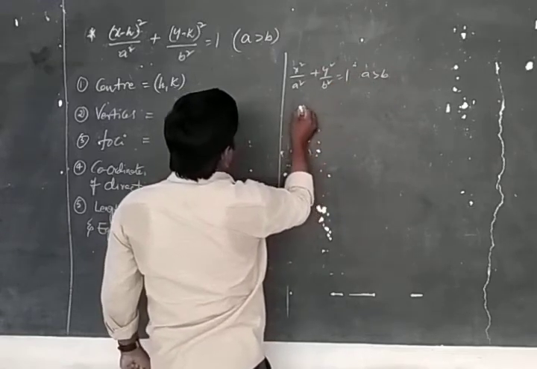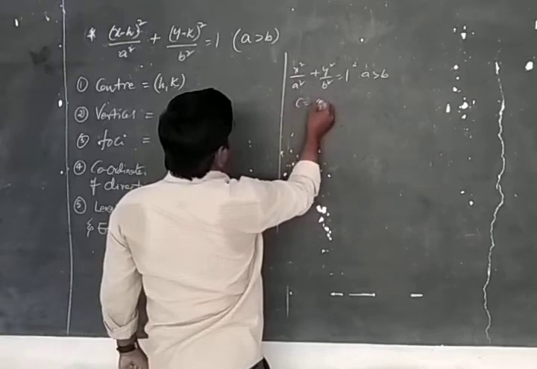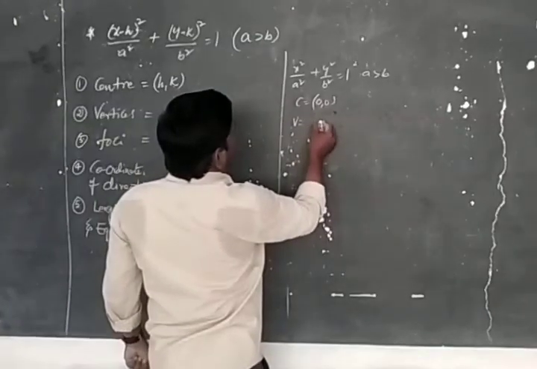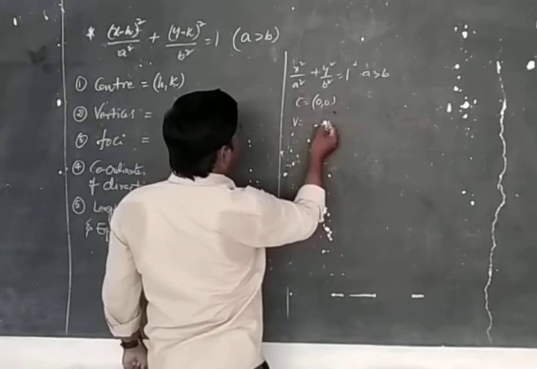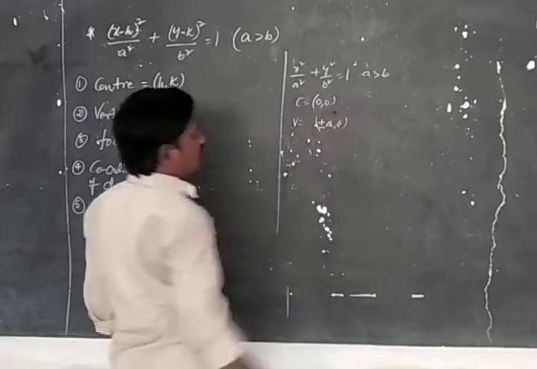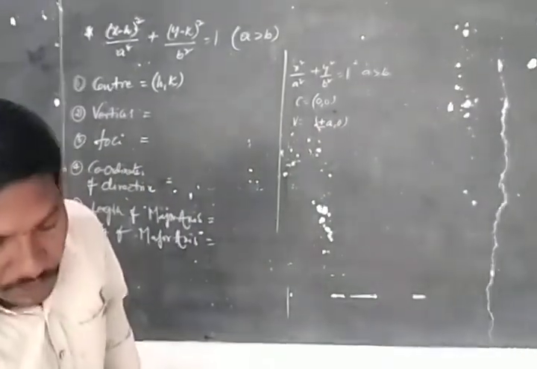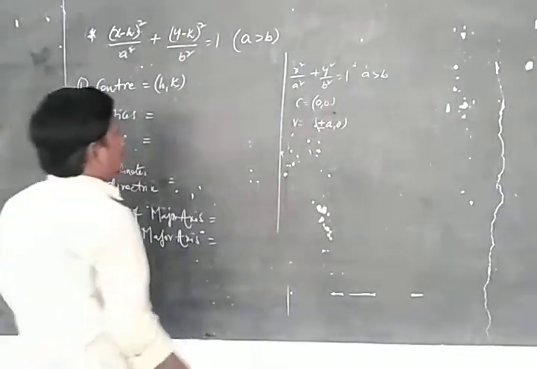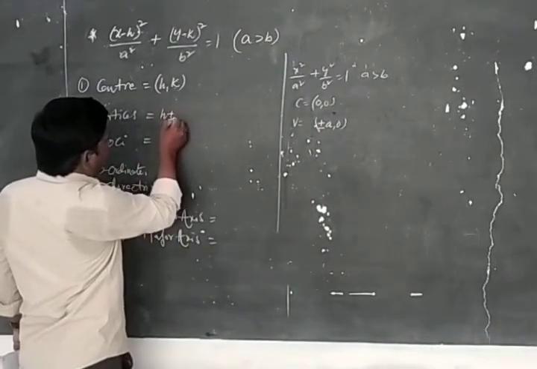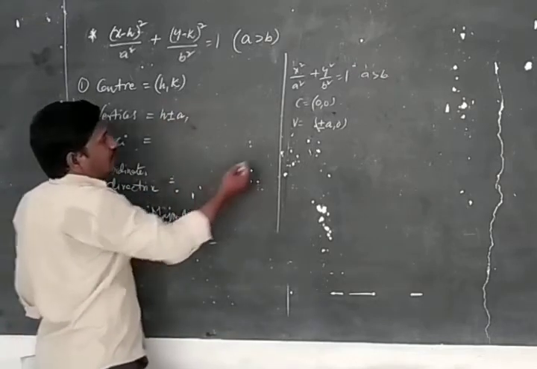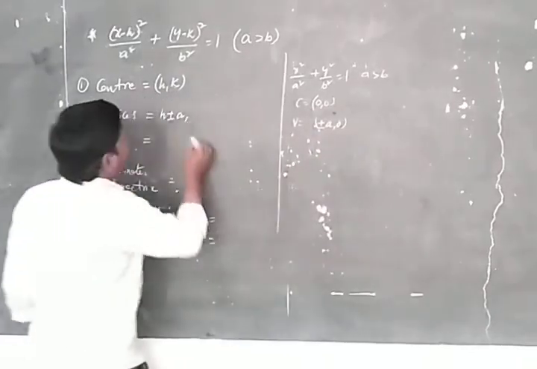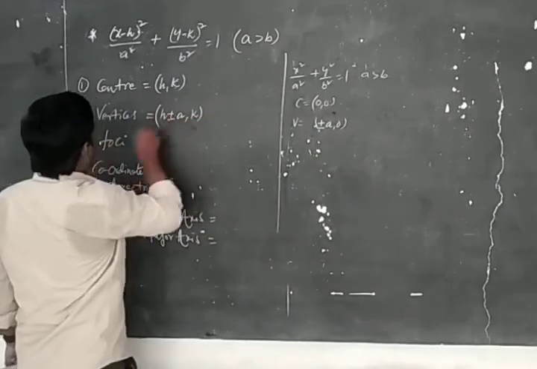For the vertices, we wrote the center as 0, 0, then the vertices are plus or minus a comma 0. So we have to write h plus or minus a comma 0 plus k, that means k.